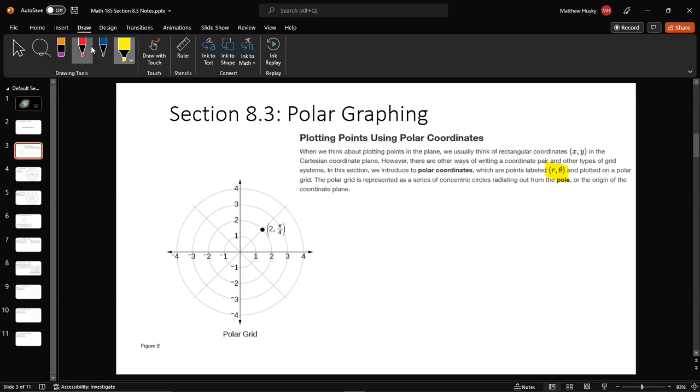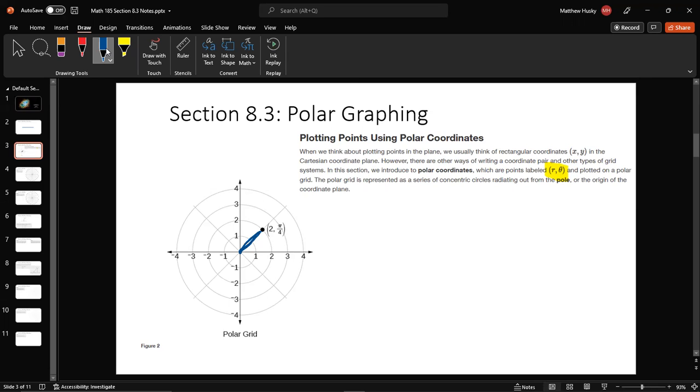So 2 is referring to the length of the radius from the center of the circle, the pole, if you will. This is called the pole, kind of like the North Pole or something.